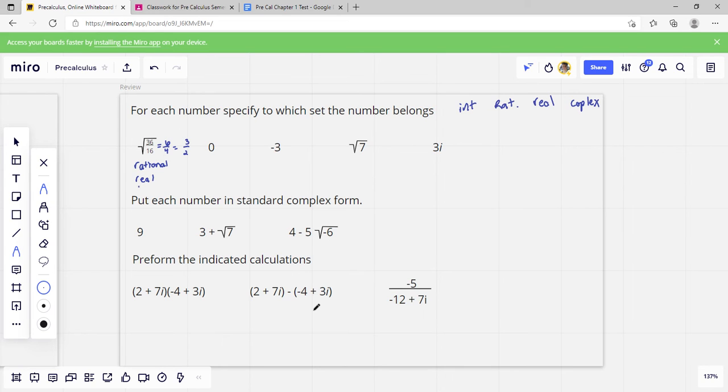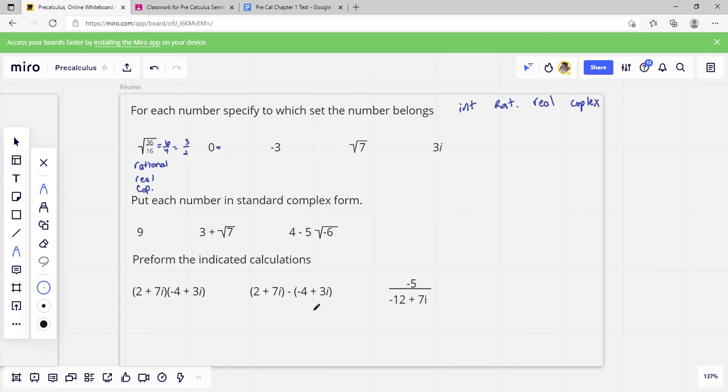It is also complex because pretty much any number can be a complex number, because we could say 3 over 2 plus 0i, okay? So pretty much any number is a complex number. We just didn't express the i part.